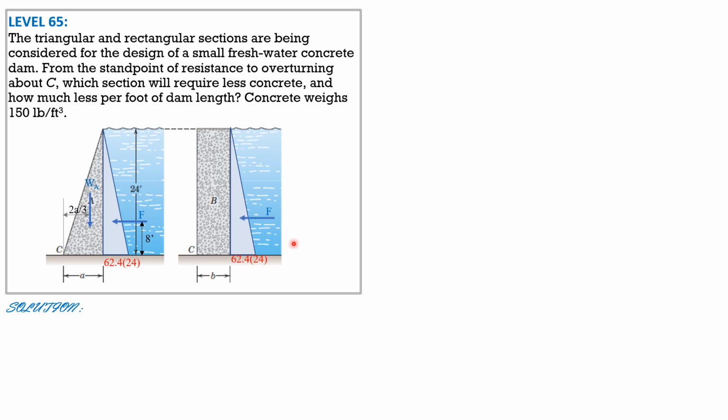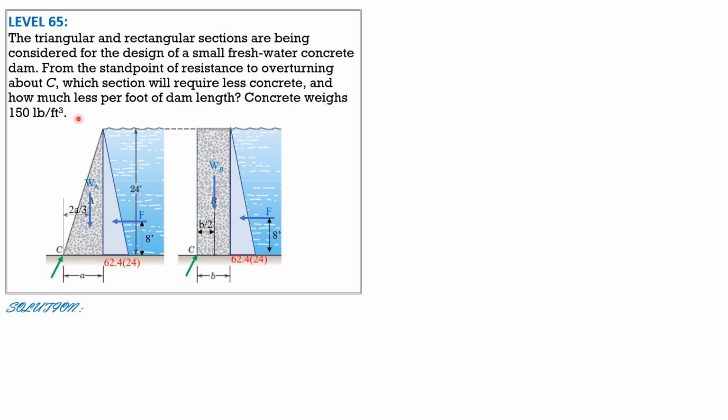Then F is the same. This is also 8 feet, 1/3 of 24. And the weight of dam B is denoted by WB. It is acting half of B from C, so B over 2.